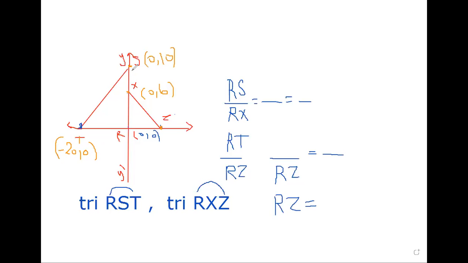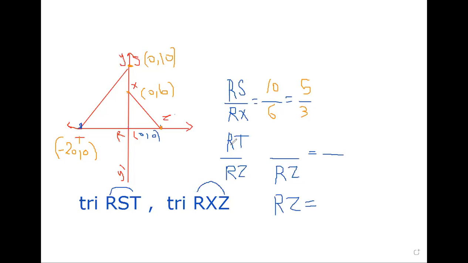Okay, now RS over RX. The length of RX, how many? 6. Now RS, 10. In simplest form, it will be 5 over 3, right? Now, what is the length for RT? Negative 20.